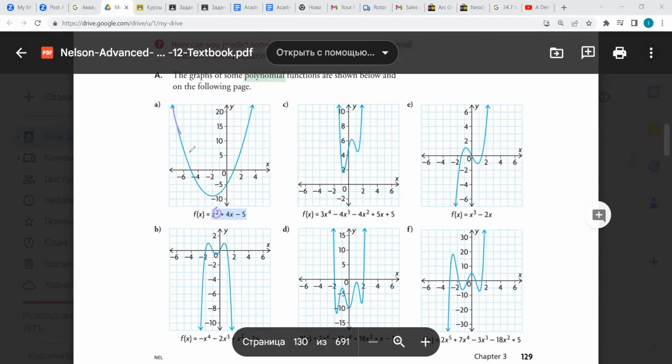This is what gives us this shape where both lines are ending up at the top. An even function means that f of x equals f of minus x. So whether you take a positive or negative value of x, we're going to have the same y value in that case.